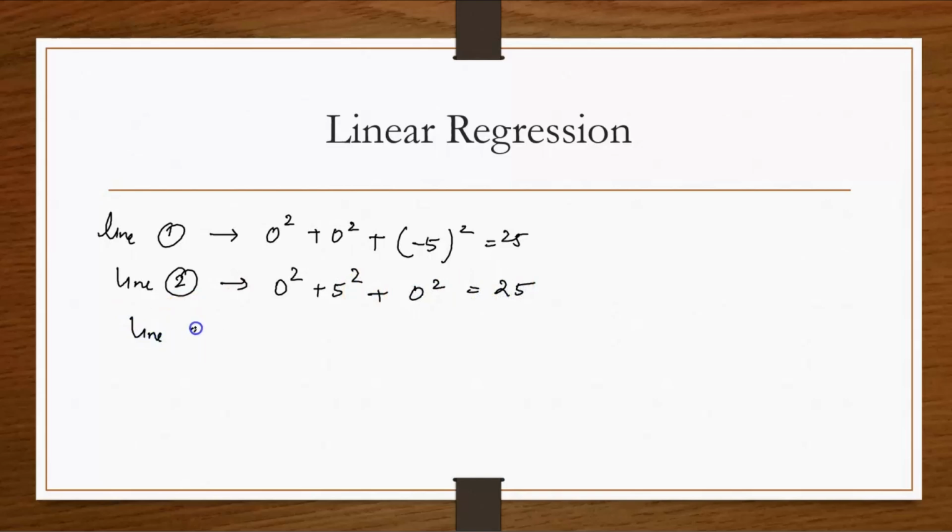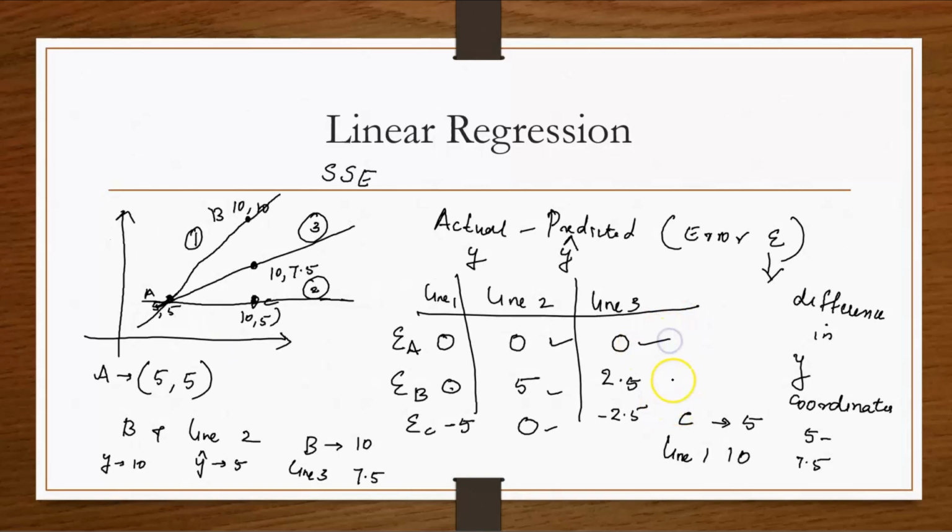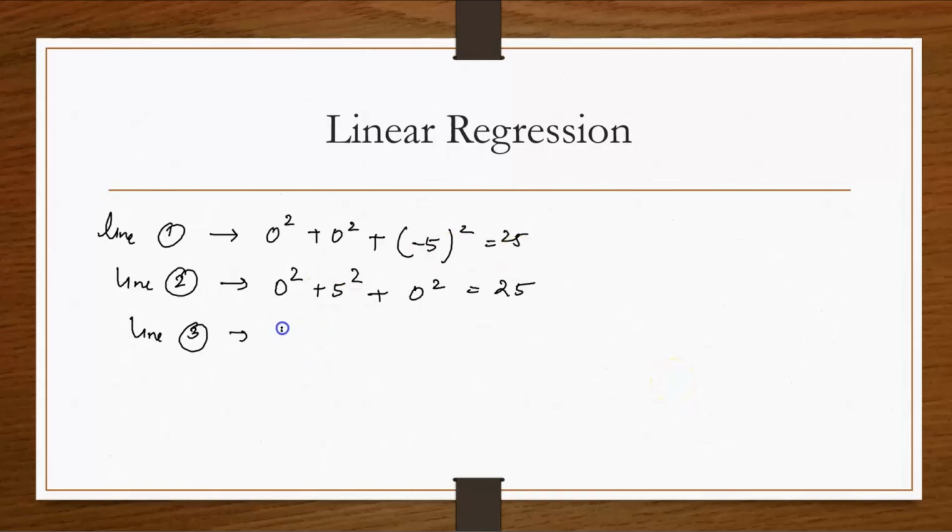For line 3, the error values are 0, 2.5 and negative 2.5. 0 squared plus 2.5 squared plus 2.5 squared gives 12.5. So we have calculated the errors, and the minimum of these values is for line 3.